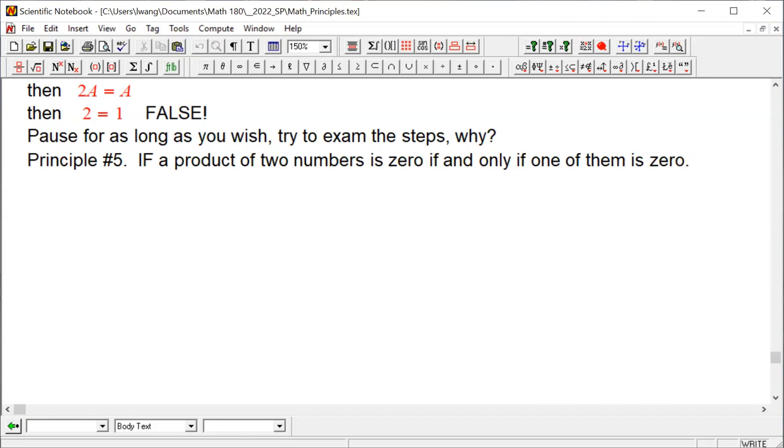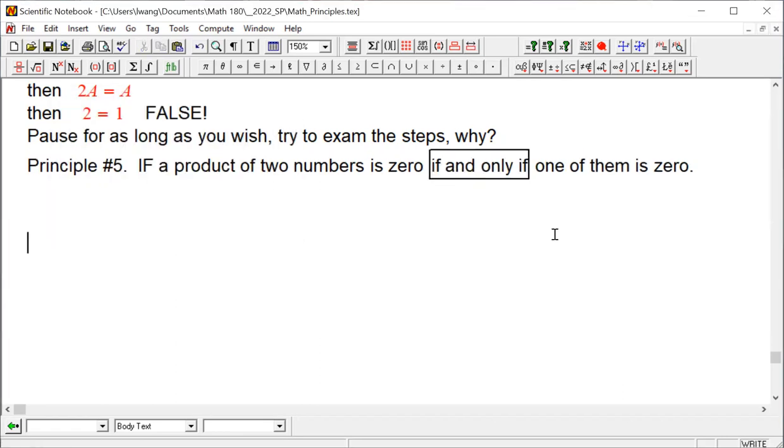In your previous experience, you might have learned the statement slightly differently. But here I introduced a statement called if and only if. It's actually two statements, a two-way street.